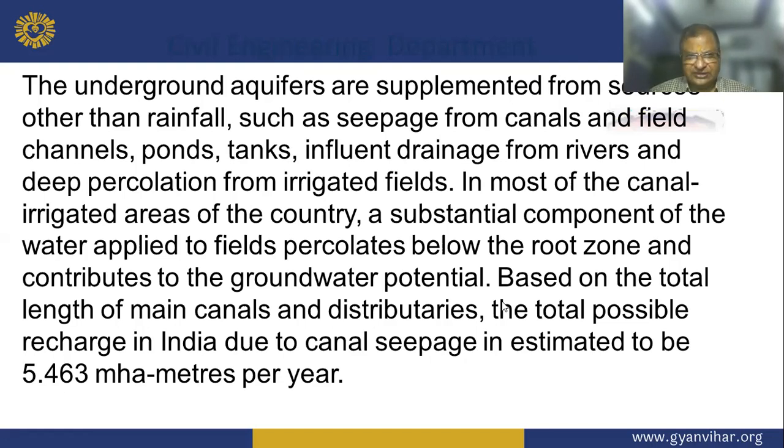So in most of the canal irrigated areas of the country, a substantial component of the water applied to the field percolates below the root zone and contributes to the groundwater potential.